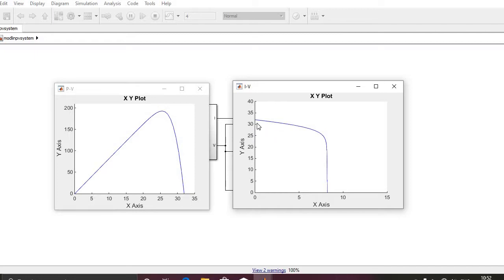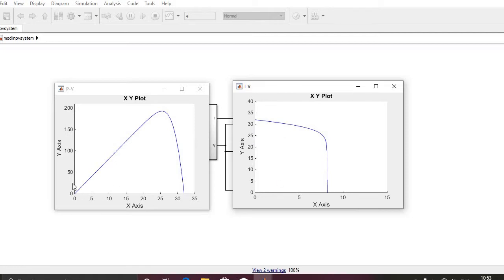We can simply examine that on the x-axis, as the value of voltage increases, the value of current decreases, and at some value of voltage, the current will drastically reduce. So this is the IV characteristics.